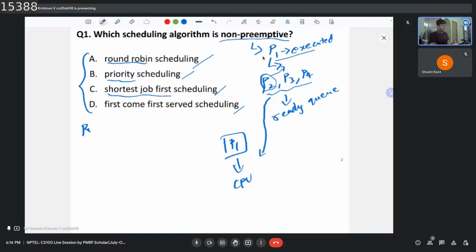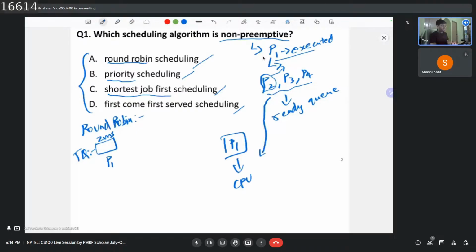So this is what round robin is all about. Say you have a time quantum of 2 milliseconds. If any process gets scheduled onto the CPU for execution, it can only execute for these 2 milliseconds.